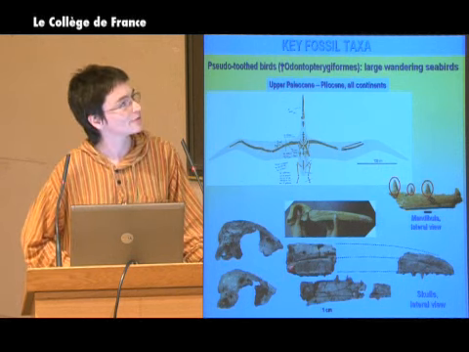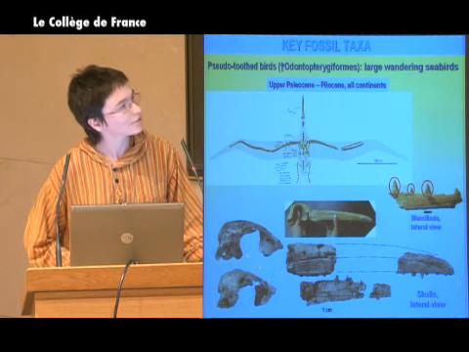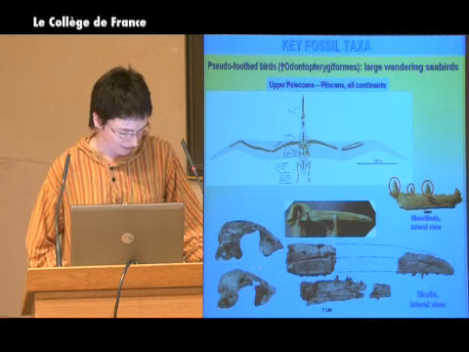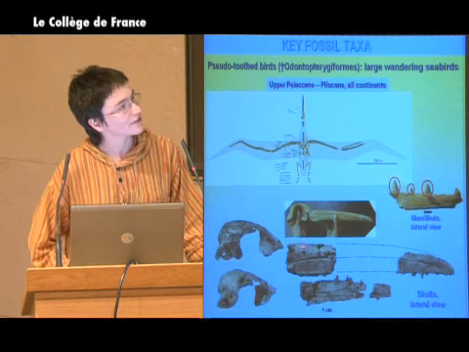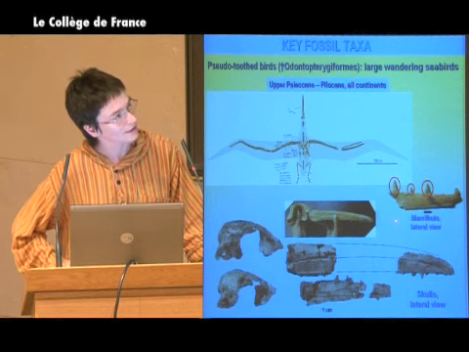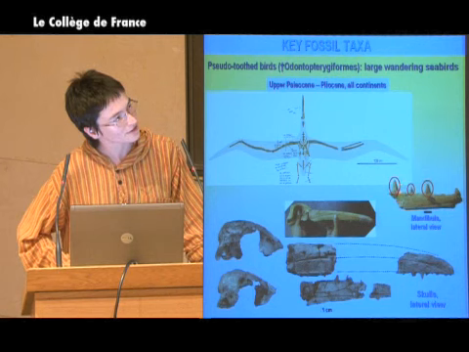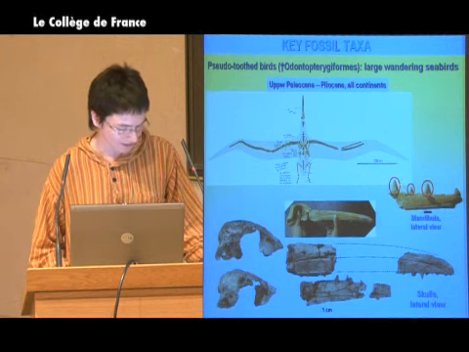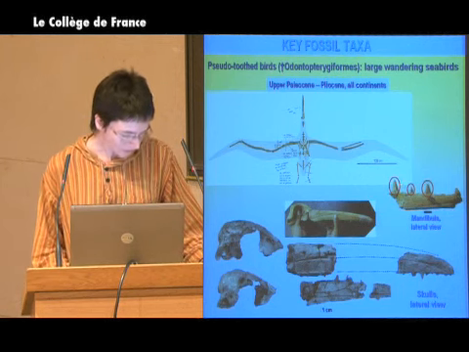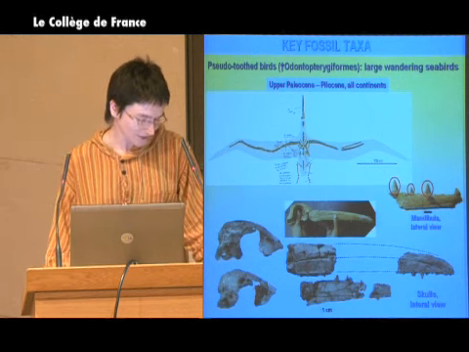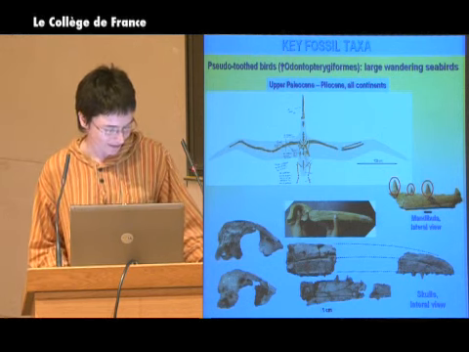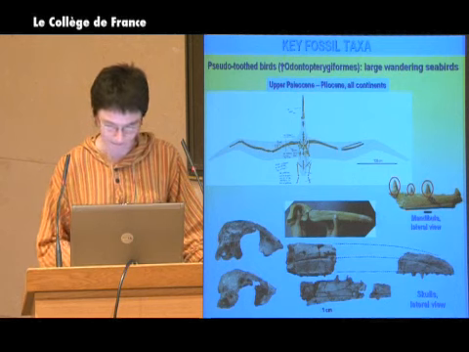And false-toothed birds had a huge bill bearing tooth-like processes. We can see here some skulls in a lateral view and a part of a mandible showing these processes. And these projections were hollow outgrowths of the mandible and maxilla and lacked enamel, dentin, and cementum.